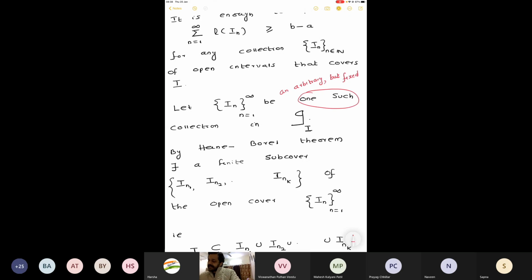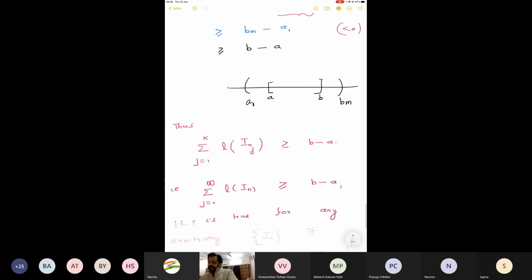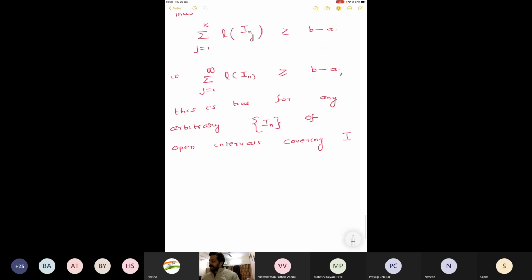So for any arbitrary I_n I am taking, I am getting the summation of lengths of I_n greater than or equal to B minus A, and that will give the infimum of summation j equal to 1 to infinity of the length of I_j is also greater than or equal to B minus A, the infimum taken over all covers of I. But that is M star. M star of I is greater than or equal to B minus A.